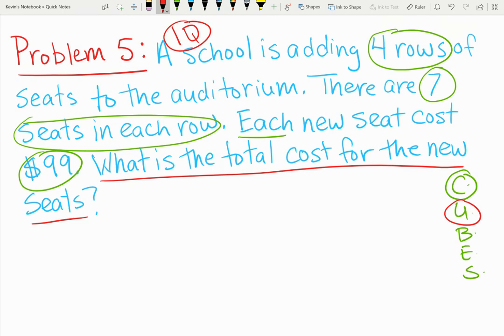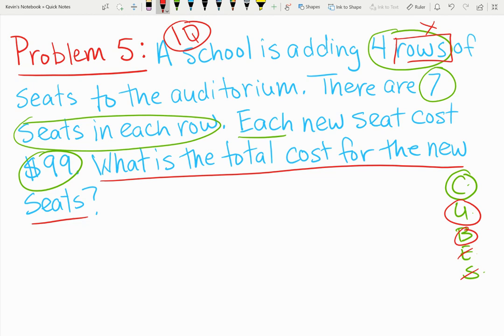Now, again, you would box any keywords that really tell you how you're going to solve this problem. Just remember, if there's 4 rows and you're looking at each row, you're going to be multiplying. Okay. And then we're going to evaluate and solve.